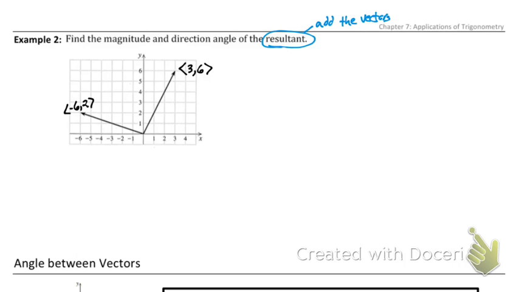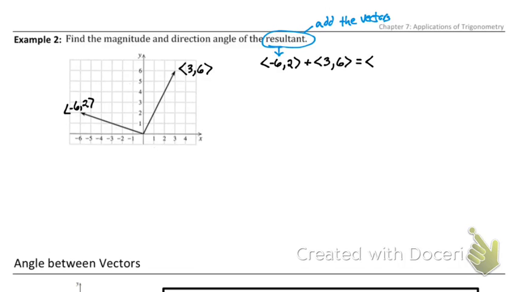Now rather than drawing that tail to tip, I'm just going to add the two vectors together, just like we did on the other side. To get my resultant, I take the vector negative 6, comma 2, and add that to 3, 6.